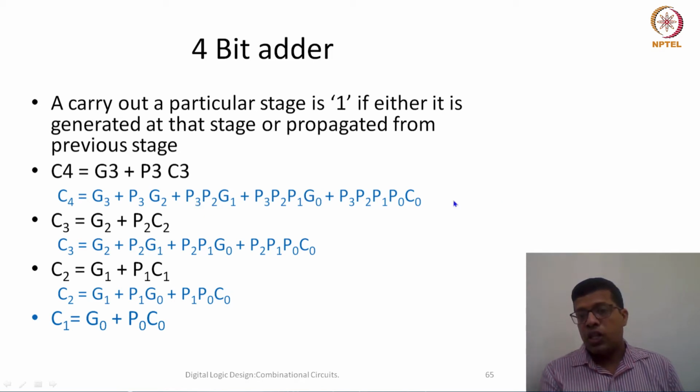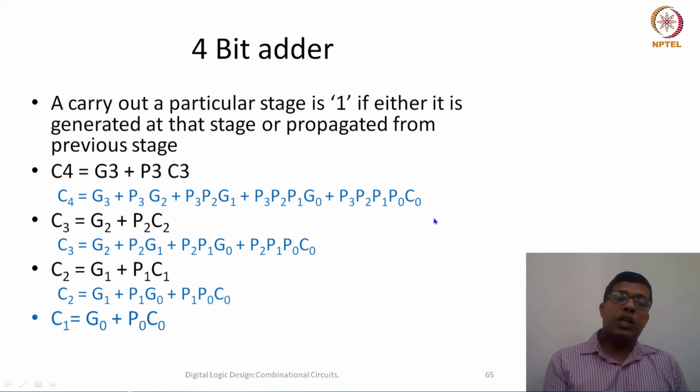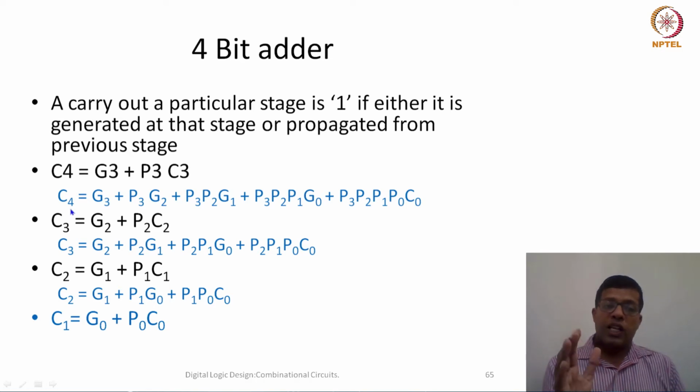Similarly, we have to go till carry 0. So this equation of C4, the carry at any particular nth stage, essentially means that the carry depends on all the stages. We cannot ignore that. But we can compute it from the primary inputs. We can calculate directly from propagation and generation, which can be generated from A and B.